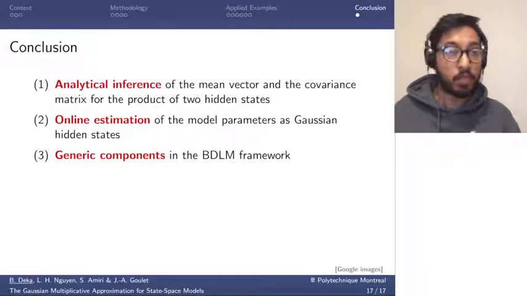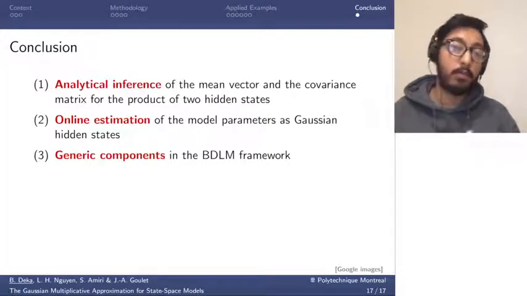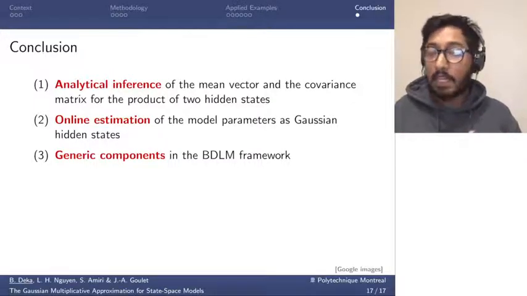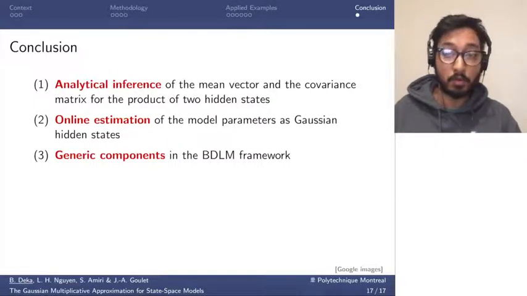For example, we showed in example 2 that we can perform the multiplication of a local trend times a periodic to get one component called the trend multiplicative. Similarly, for the next problem, we show that we can multiply a periodic times a periodic in order to get a component called double kernel. So we can create new generic components.